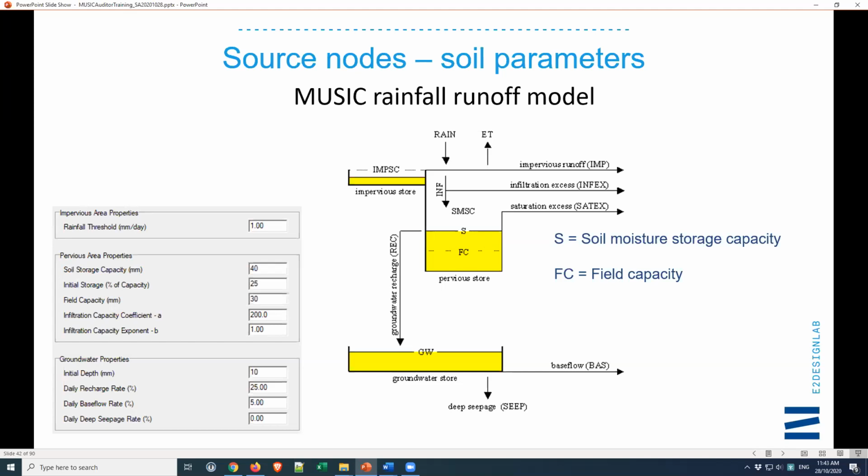So you maybe don't need to get too hung up about whether your base flow is 5% or 10% and the like. So just keep in mind that distinction of sensitivity of models. Mostly urban, don't worry too much about the pervious parameters. If you've got a catchment that's very low impervious, then give them a bit more thought.